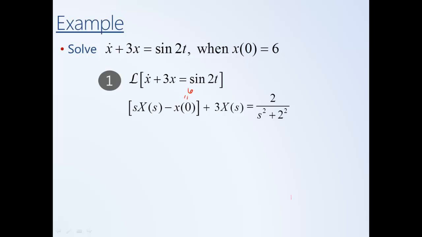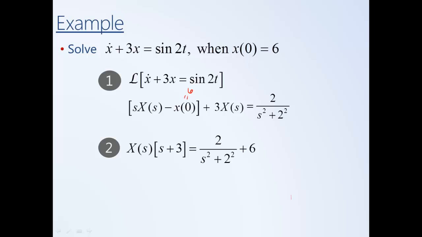The next step is to solve this algebraic equation for X of s. Here we have a -6, which we can add to the right hand side. We're then left with s times X of s and 3 times X of s. We have a common factor of X of s that we can factor out, leaving us with the quantity s plus 3.